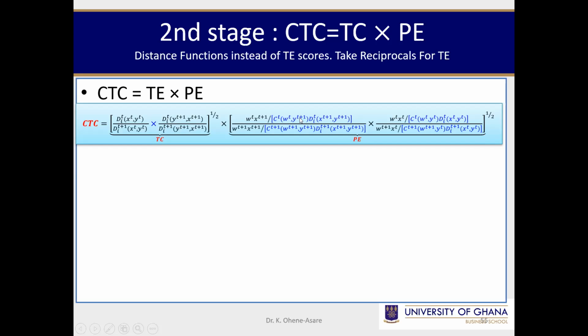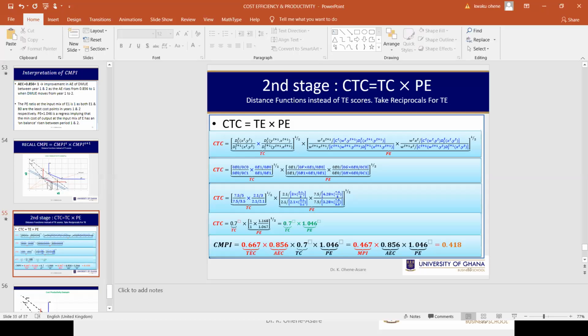So just as this XT plus 1 was the OE1, this one here is the OE1. But relative to which cost frontier? The period zero, the year zero frontier. So you are going to look at E1 and then the cost frontier of year 0. So you are measuring the distance function of firm E1 relative to cost frontier 0.